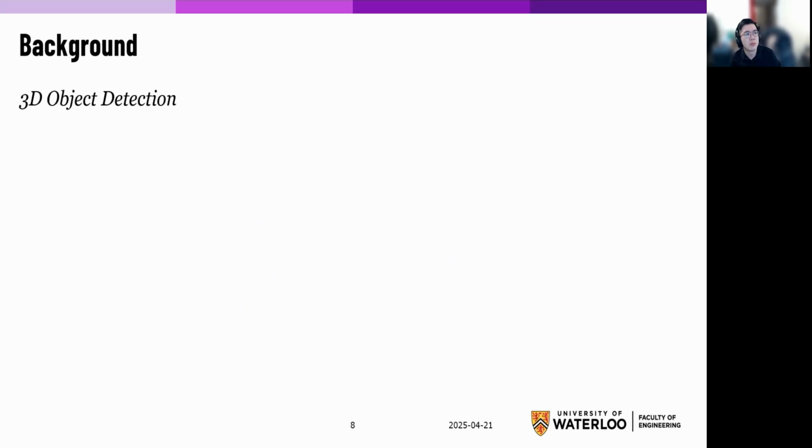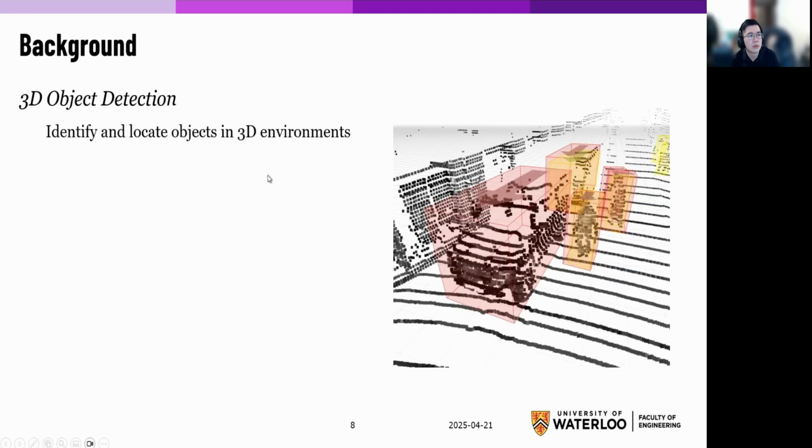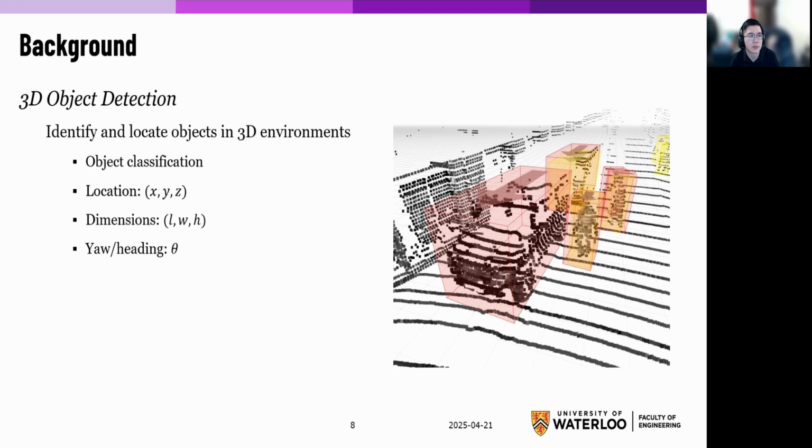Now, using those LiDAR point cloud scans, our work is interested in the problem of 3D object detection, which involves identifying and locating objects in the 3D environments, including object classification, identifying the location, the dimensions, and the heading of the objects.